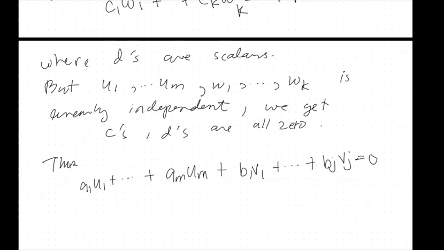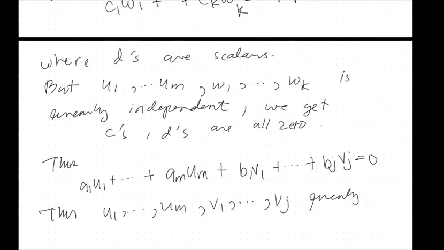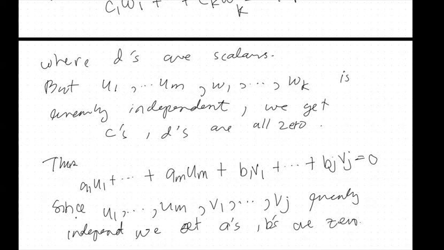Which implies that U1 to UM and then V1 to VJ are linearly independent, so we get that the A's and B's are 0.